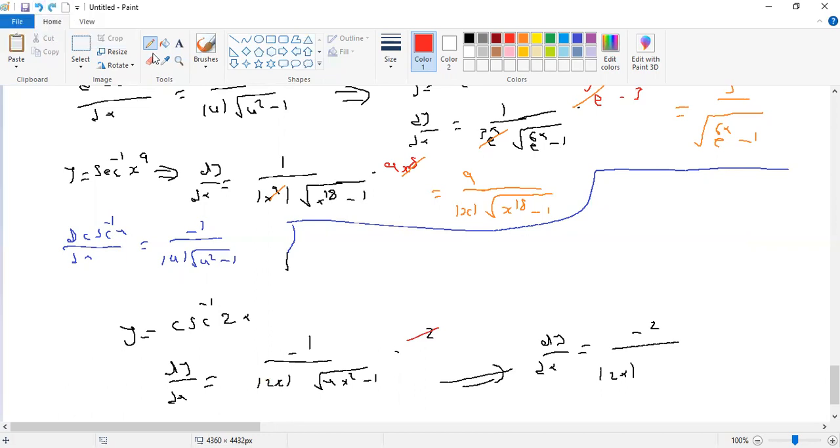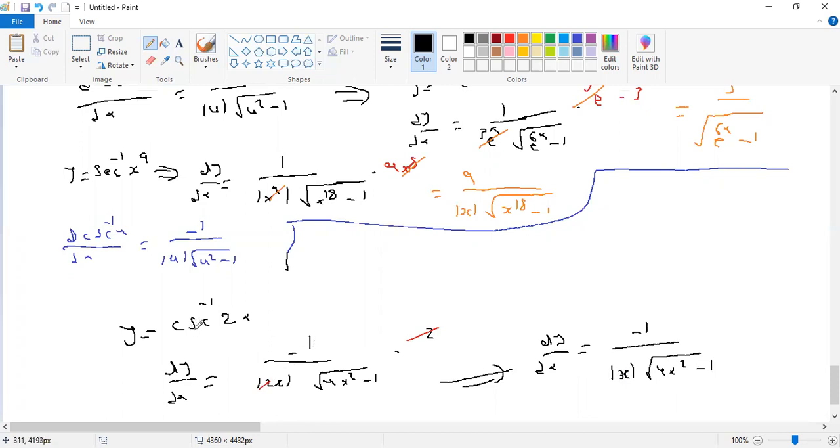So I write negative 1 over the absolute value of x multiplied by the square root of 4x squared minus 1. Why? Because the 2 cancels with the 2 and they have only the absolute value of x.